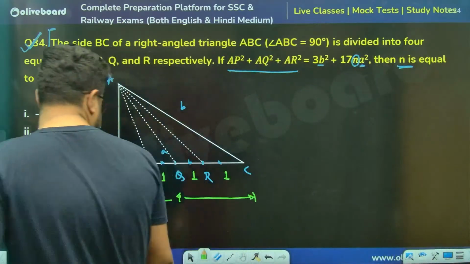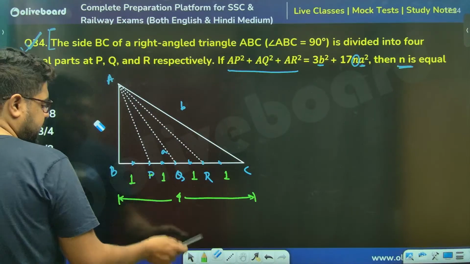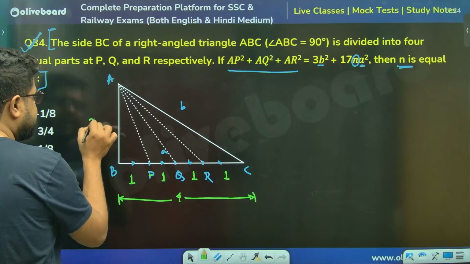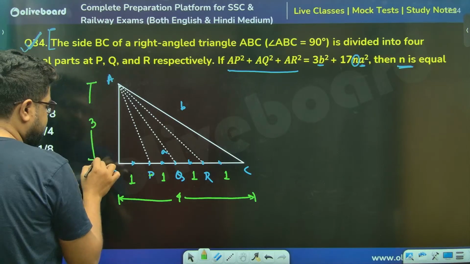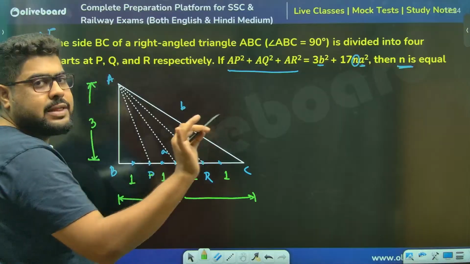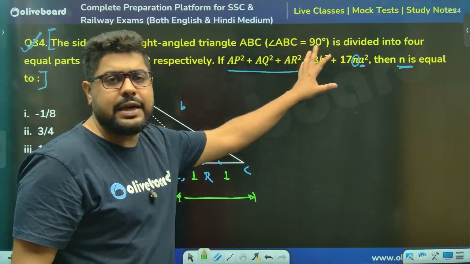And then, sir, instead of C, if I take this as 3, just for understanding, because understand one thing, it is not given in terms of anything.